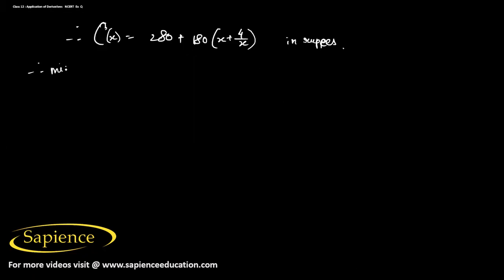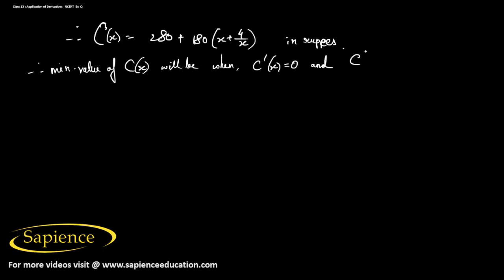Therefore, the minimum value of c of x will be when c dash x is equal to 0 and c double dash x is greater than 0. Then only x will be the local minima of the function c of x.